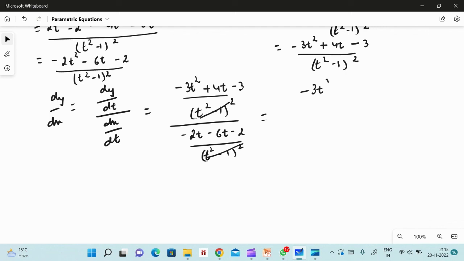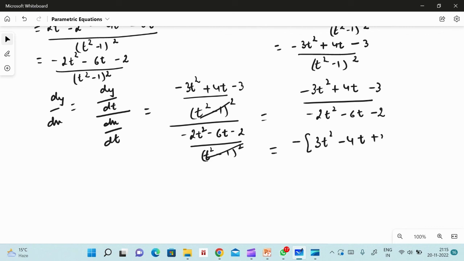What I will get, minus 3t square plus 4t minus 3 divided by minus 2t square minus 6t minus 2, or you can take the minus sign as common, so it will give me 3t square minus 4t plus 3, and in the denominator also it is 2t square plus 6t plus 2.